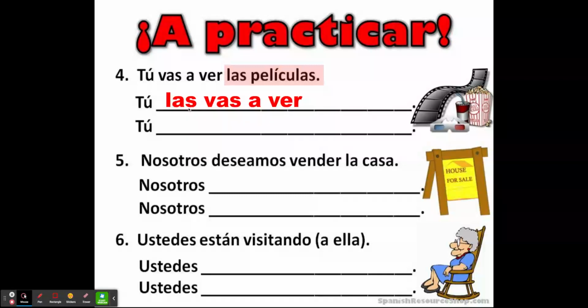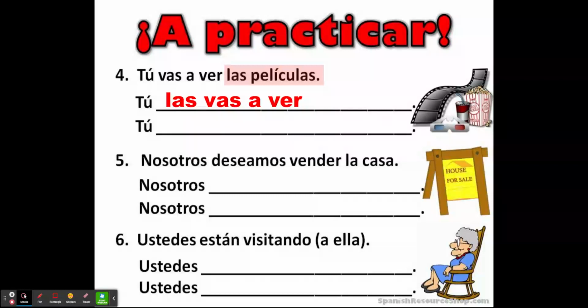Okay, so it's a different meaning. But look, you're recycling the same definite article, you replace it and you put it here. It's just that it has a different meaning. Them, you're watching them. You're going to watch them.